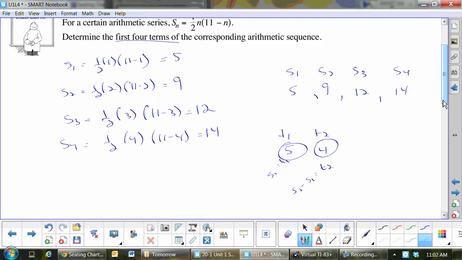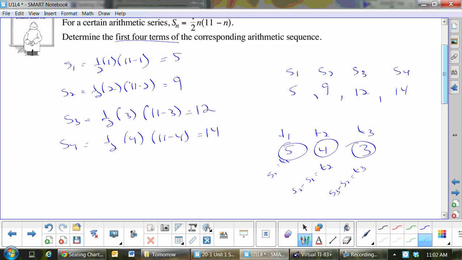So yes, S1 just equals T1. How about, what is T3, do you think? 3. So how do you do that? It would just be S3 minus S2 equals T3, right?